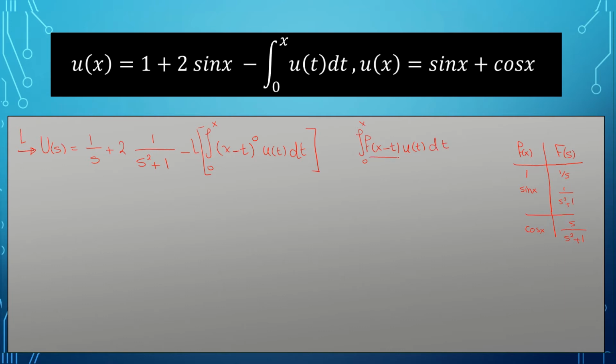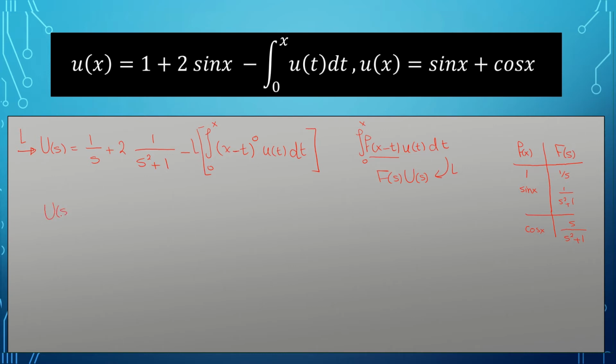Of course, our f(x minus t) is (x minus t) raised to 0. When we transform this using the Laplace transformation, it gives us F(s) multiplied by U(s). So this is the transformed form.